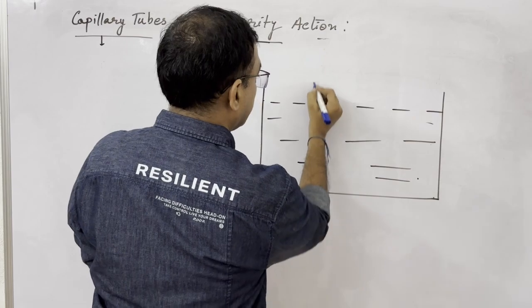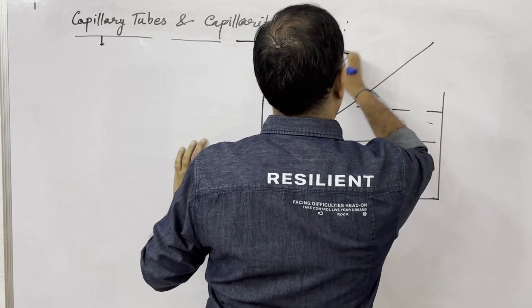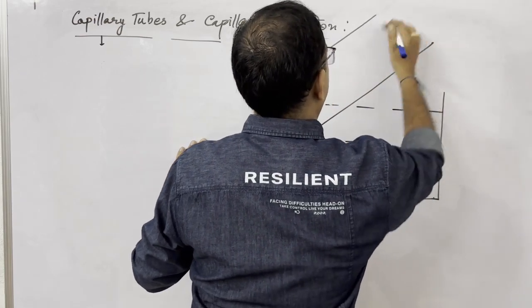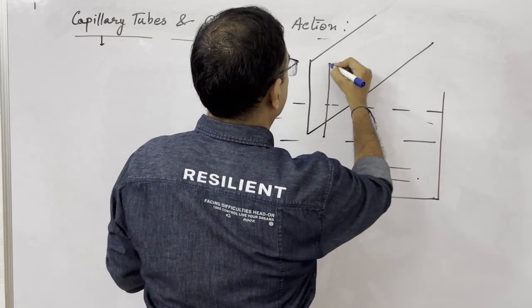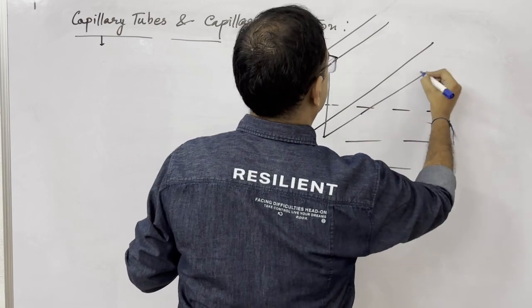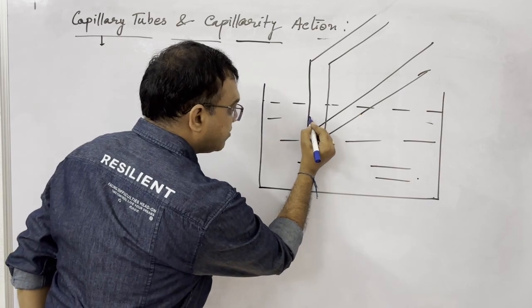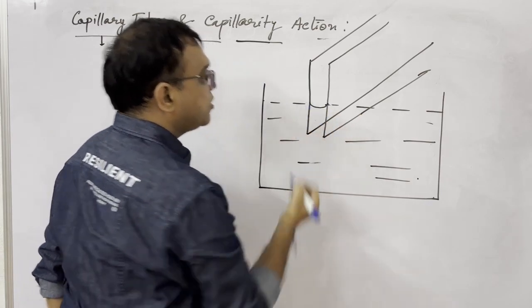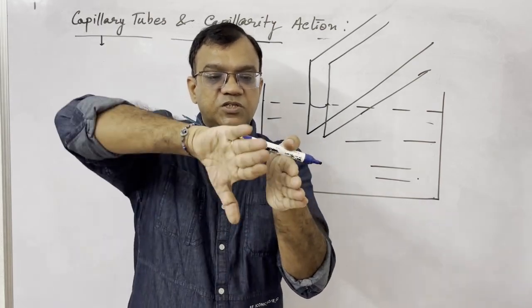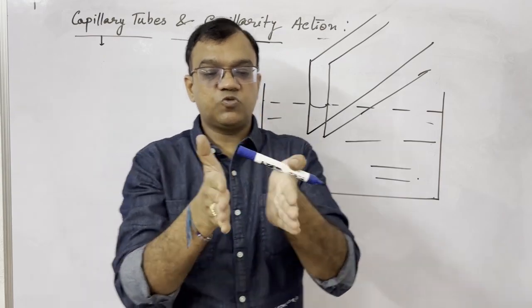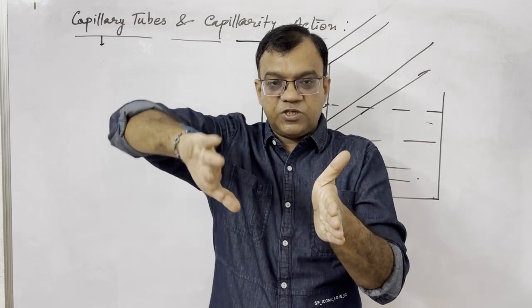Then the liquid will have a meniscus this way, throughout. Between these two plates the liquid meniscus will be this way.